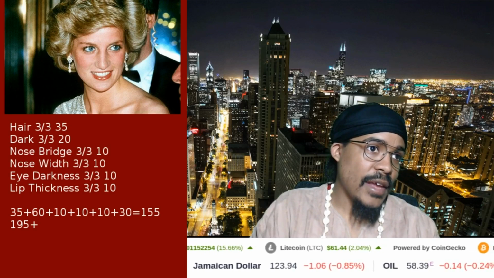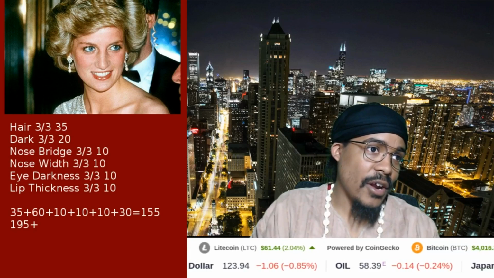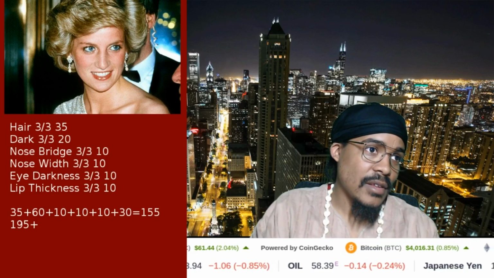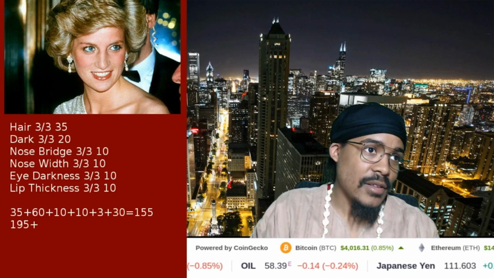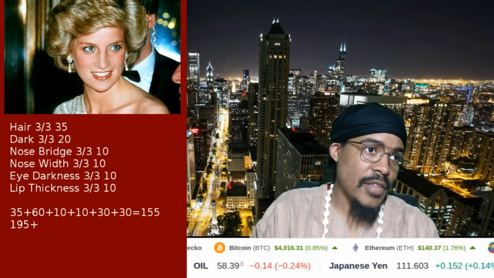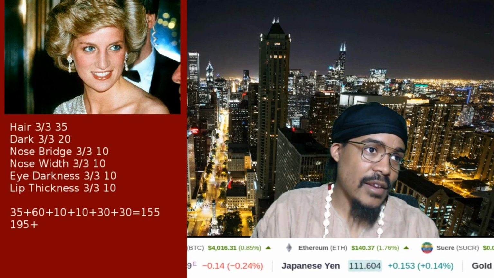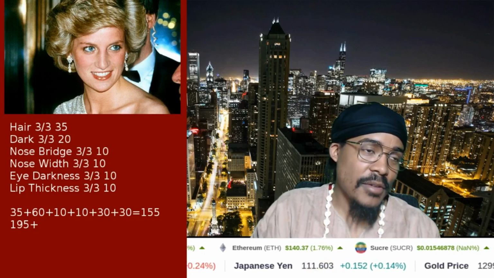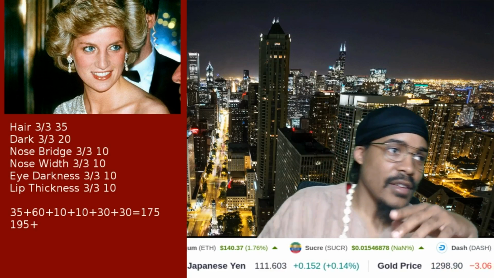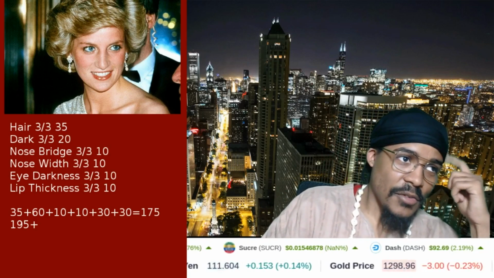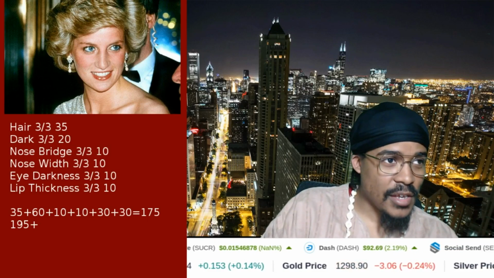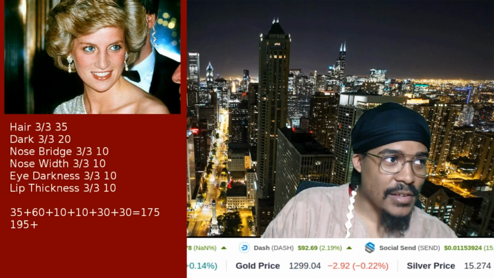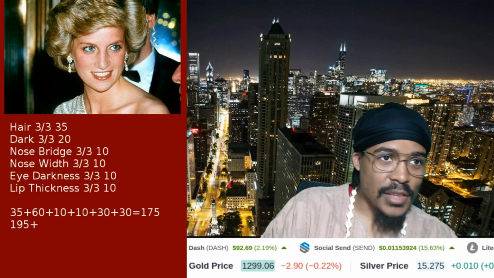Let's say that they have the darkest of eyes, 30 points. They'd be at 175, right? So this person could have straight hair with sheen in it, but dark skin, dark eyes, and thick lips. They won't be considered black.